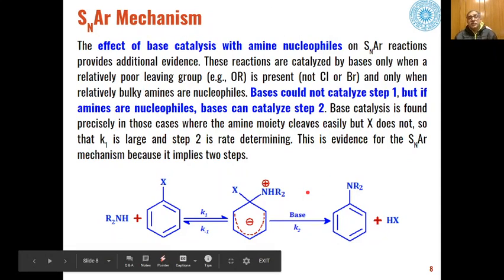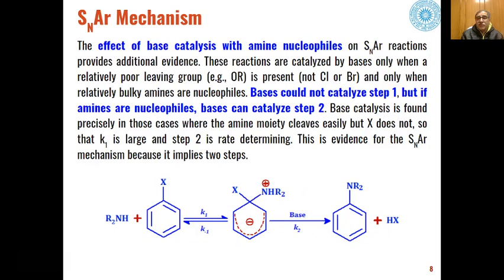Then another evidence which comes is the effect of base catalysis with amine nucleophiles on SNAr types of reactions.